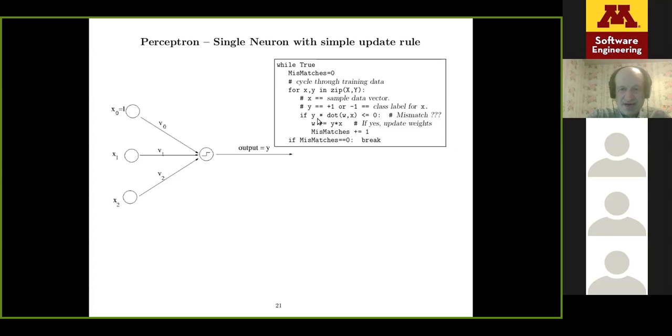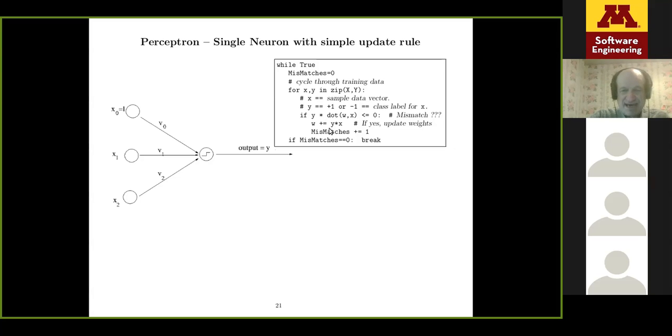If the sign, that is the plus or minus of the output, mismatches the label, so for instance, if V or W inner product X is positive and the corresponding Y is negative, then this inner product will be negative.